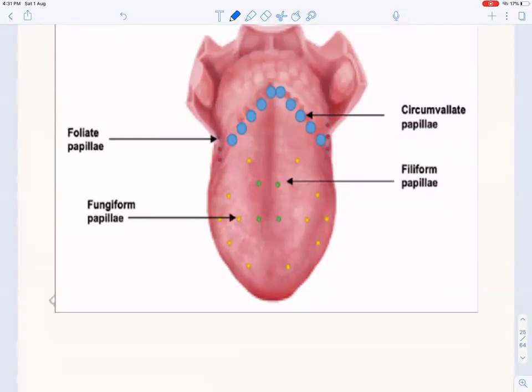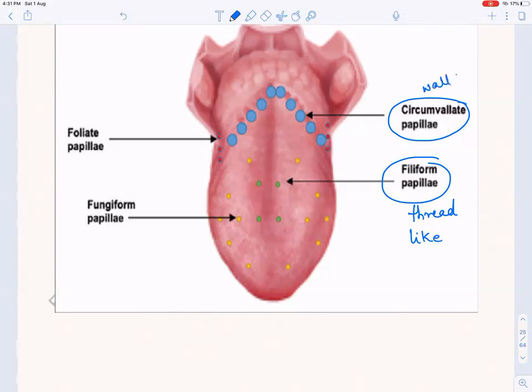So these are the 4 that we did. First we did circumvallate, wall-like, 8 to 12. Filiform, thread-like. Fungiform, mushroom-like.